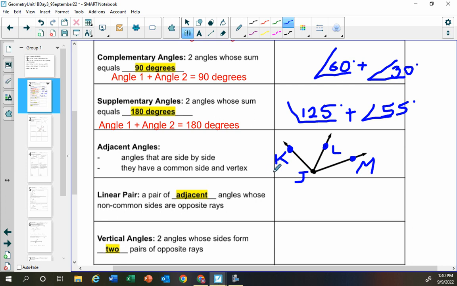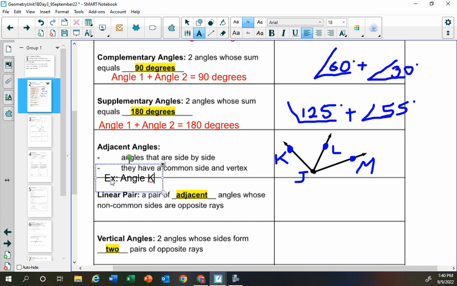Okay, so here's what we have. See this first angle, KJL? Angle KJL and angle LJM, those are our adjacent angles. Angle KJL and angle LJM.